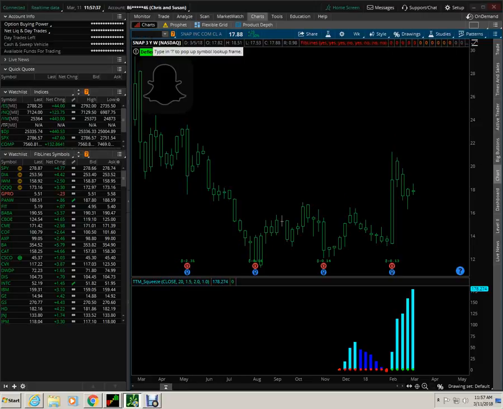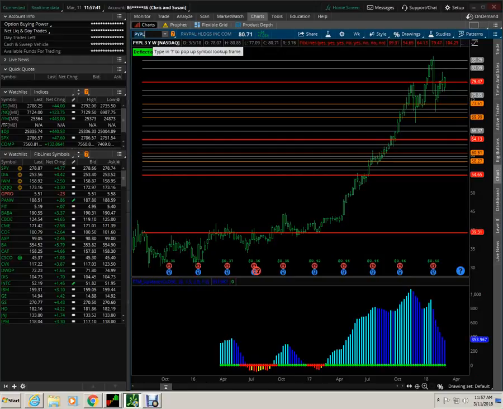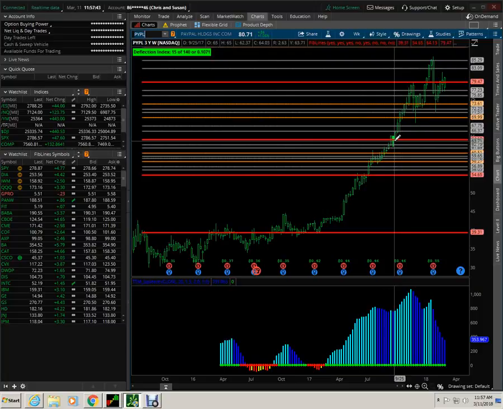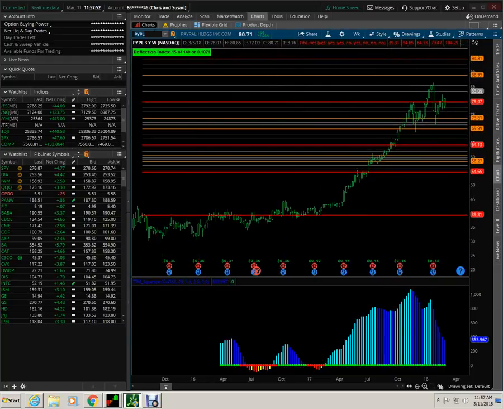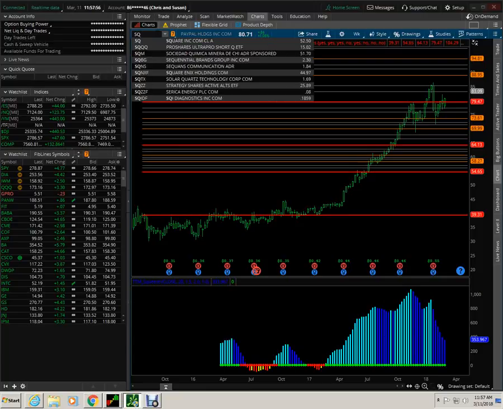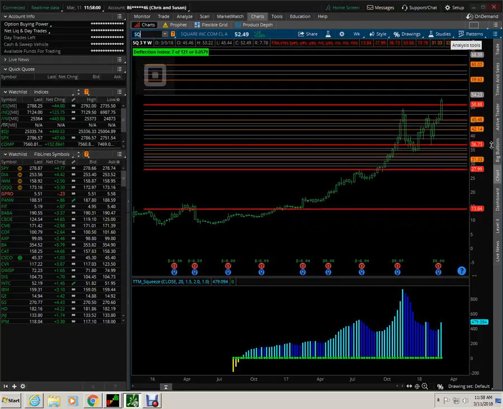Other internet-related stocks, PayPal, PYPL. This is one of my most successful symbols. I've traded with FibLines. I've picked up much earlier in this run based on moves off FibLines levels. It hasn't recently made a new all-time high. I'm thinking about, although I did recently add some, I'm thinking about swapping out of that and into Square, also in the internet payment space, which did recently make a new all-time high.